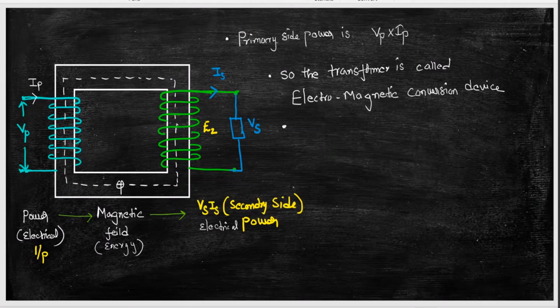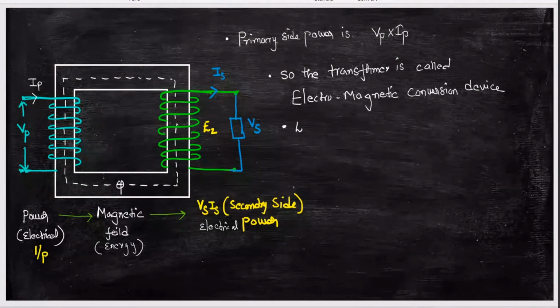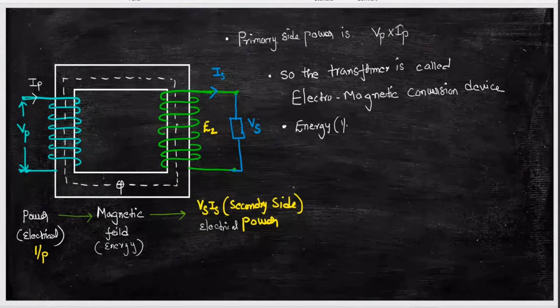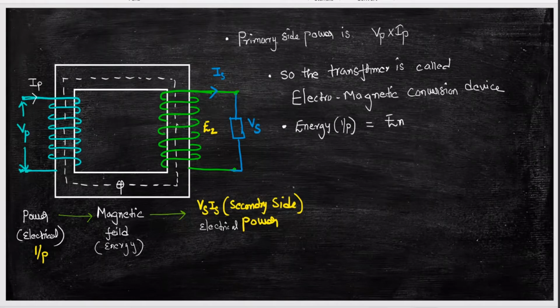according to the energy law, energy can neither be created nor destroyed. So the energy which you are giving to the transformer, which I call input energy, is equal to the output energy, but we cannot destroy energy. So the input energy should be equal to the output energy for a constant time.